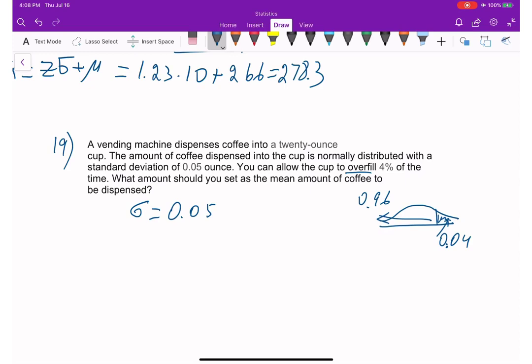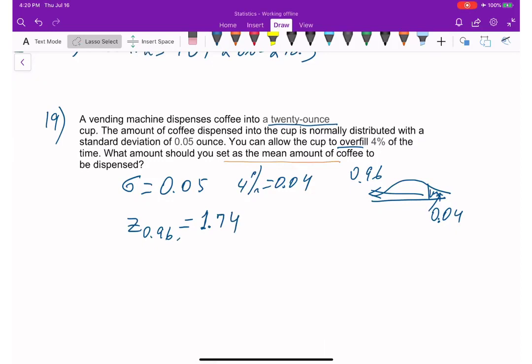So what are we gonna do here? Sigma 0.05, 4% we wrote down already 0.04. So we need to find z-score, correct? Z-score for 0.96. And if you look, it's going to be 1.74. So it's asking to find the average, right? The mean amount of coffee. So from formula, x is equal z sigma plus mu.